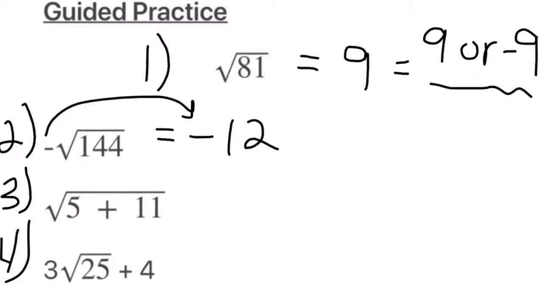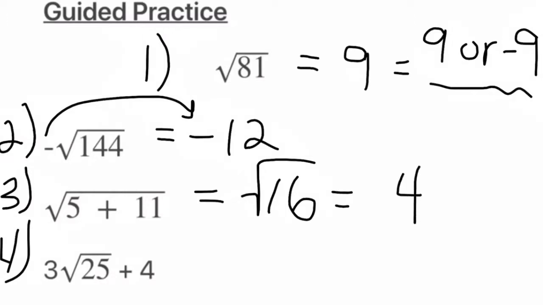So when you have 2 numbers underneath of your radical sign, you're actually going to solve underneath of the radical sign and then find the square root. So you would actually start by adding 5 plus 11 and getting 16. And we know that 16 is a perfect square root. So again, your answer is 4 or plus or minus 4, because we have no proof that it's not -4.